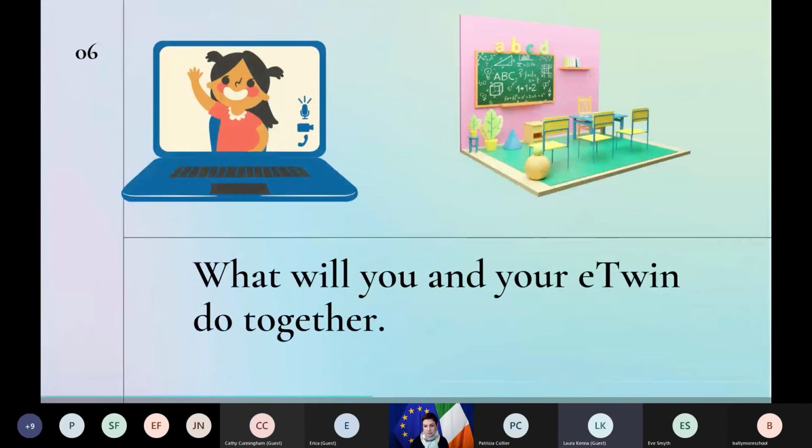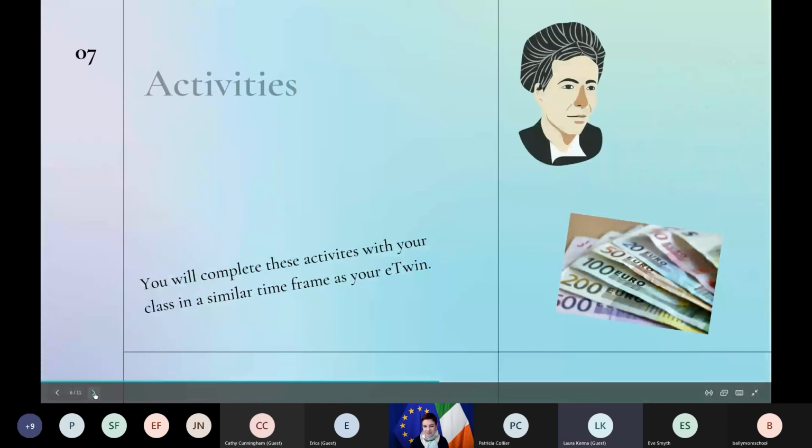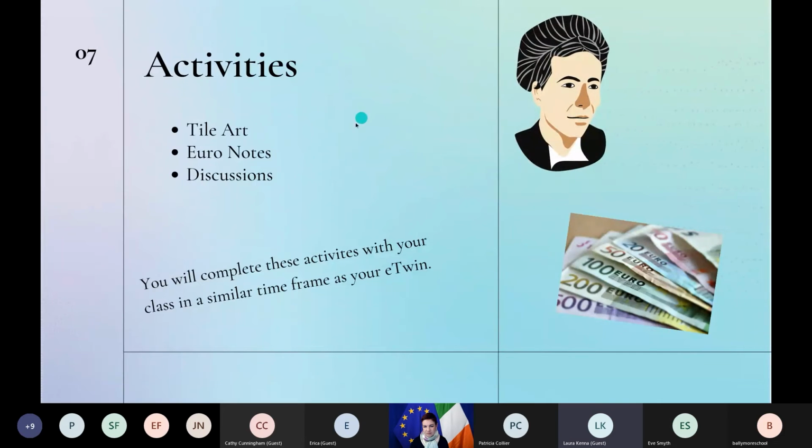So what will you and your eTwin be doing together? So there are some activities. There will be some tile art activities if you would like to participate. For the older classes, you have the opportunity to engage in some discussions and to complete the Euro notes lesson that Emmanuel was speaking about earlier.